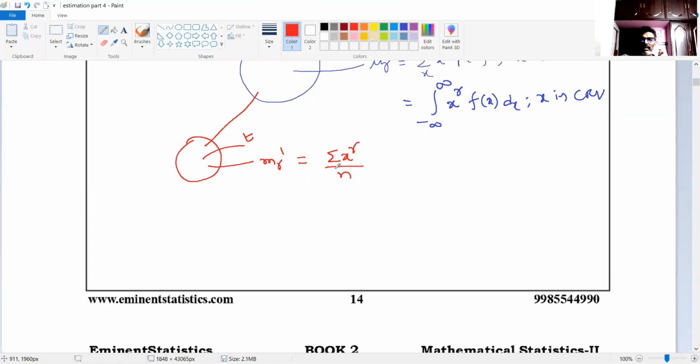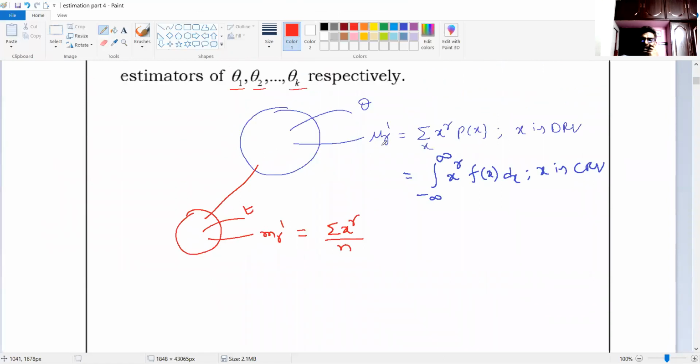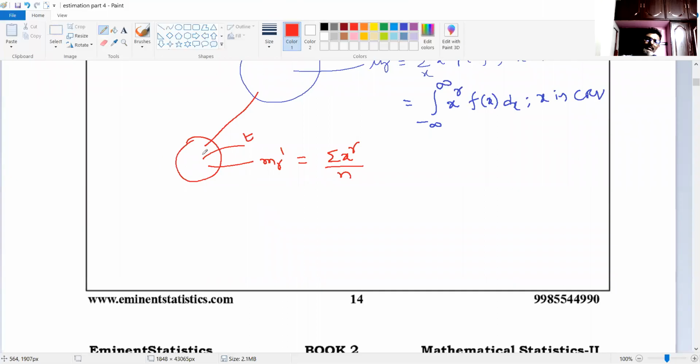So there is a unique formula to calculate the population's non-central moment, in two ways: either discrete random variable or continuous random variable. Now calculate the rth sample moment.